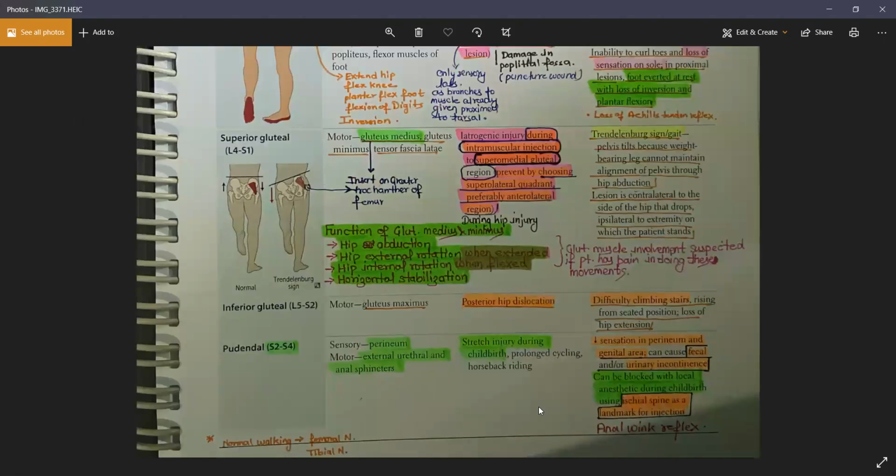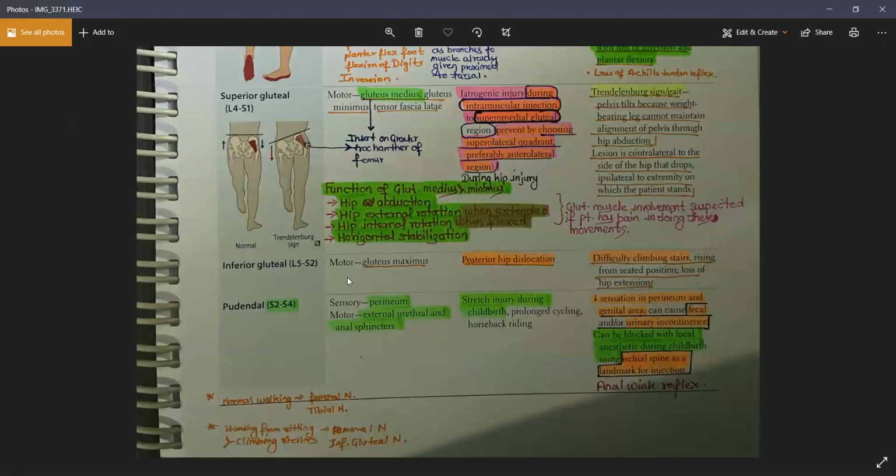This nerve supplies all the sensory innervation to the perineum as well as the muscles of the external urethral and the anal sphincter. So whenever I do the anal wink reflex, it is all because of the pudendal nerve, right? Whenever I stimulate the skin over the perineum, you will get a contraction at the anal region because of the external anal sphincter.